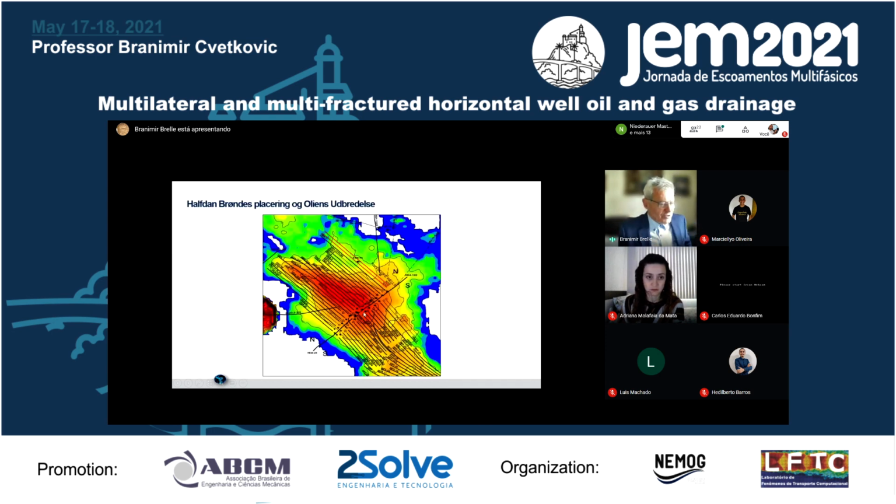So here, what do you think this is? This is, believe it or not, a field in Halfdan, on which I worked three or four years ago. It has about 60 fractures.